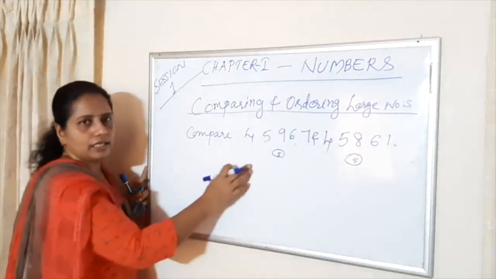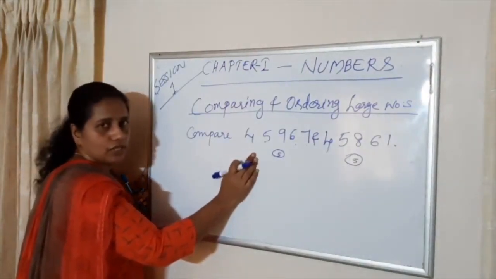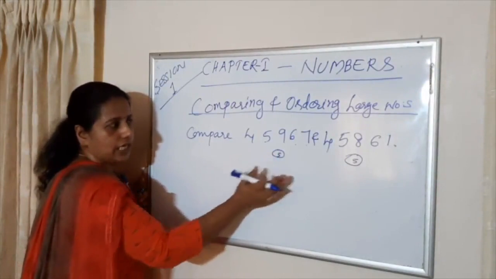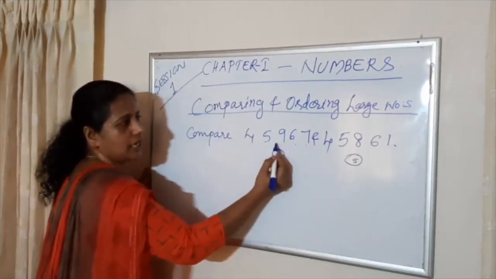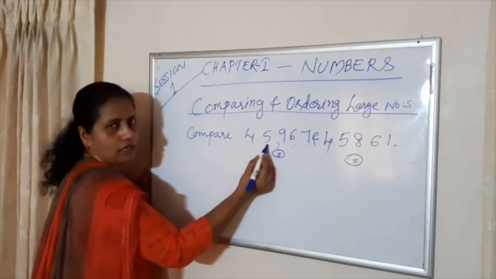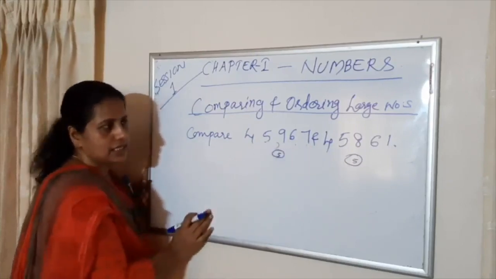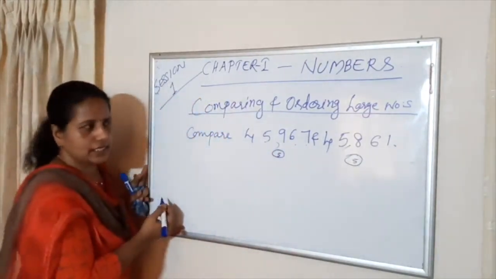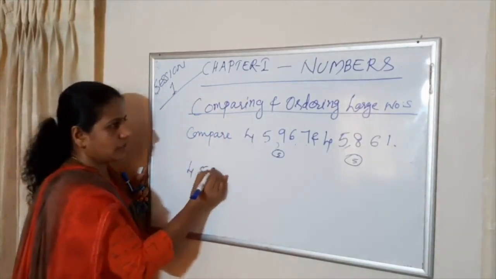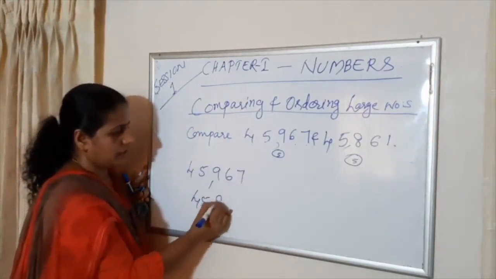You know how to read a number? You start from left to right, according to the place values. That is ones, tens, hundreds, place the comma, thousands, ten thousands. For example, 45,967 and similarly 45,861. First you write this number 861.